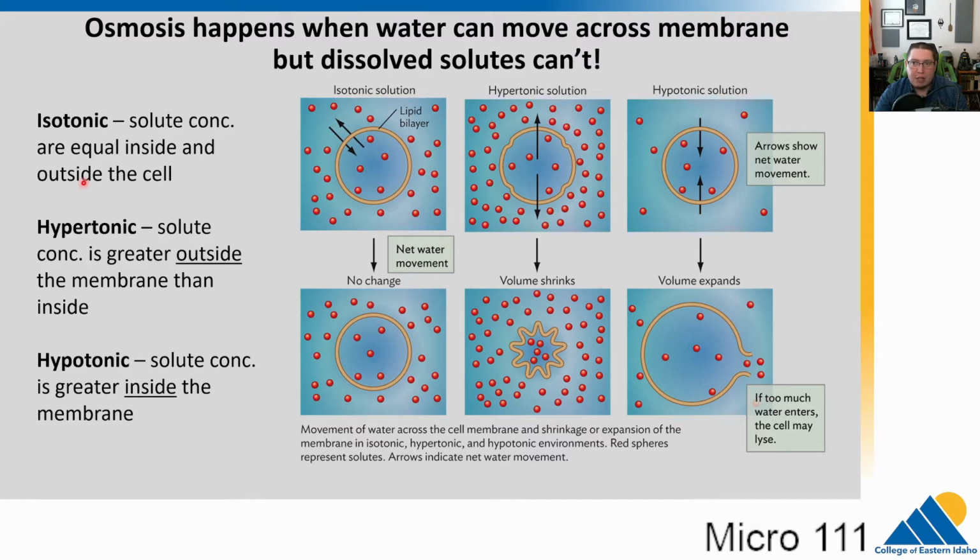If we have a scenario where, let's say, we have less solute outside than inside, right? Less concentration outside than inside. That is what we call hypotonic. Hypo means low. So it's a low concentration outside solution. This would be like if you injected pure water into someone's veins, right?